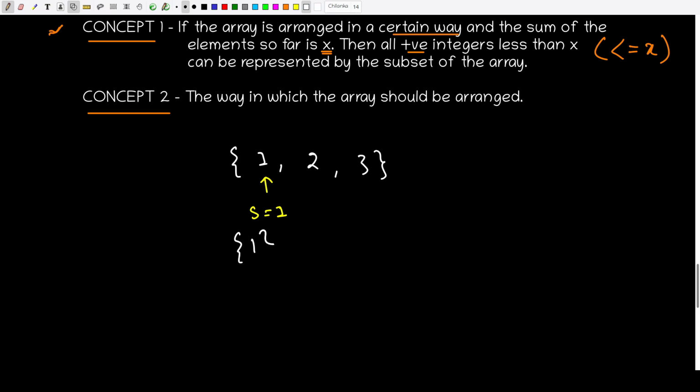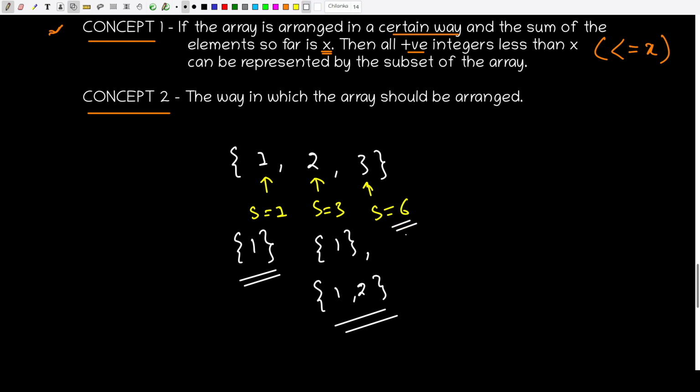There is just one element which is 1 itself, and we are able to represent it. Now let's proceed forward. Over here the sum is equal to 3. So as per our concept 1, all elements till 3 we should be able to represent. When we are at this position, the sum is equal to 6. So we should be able to represent all the numbers till 6 using the array.